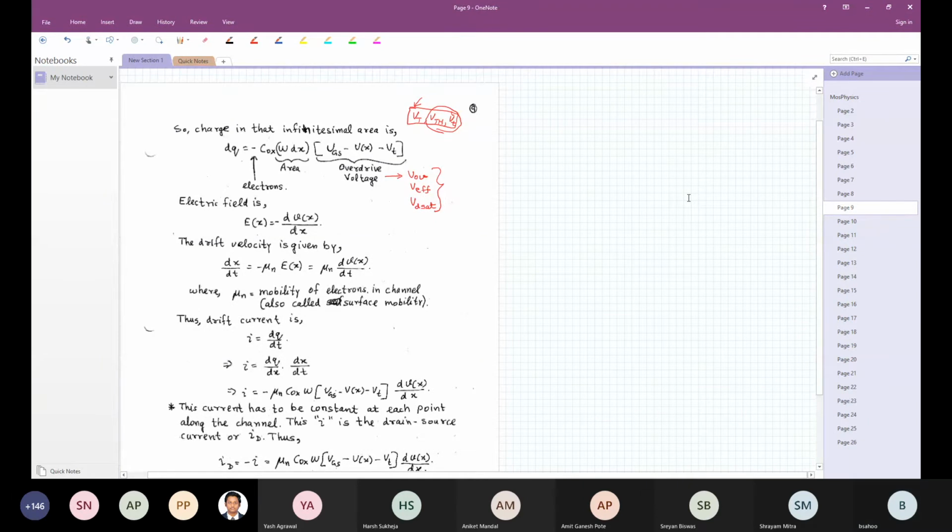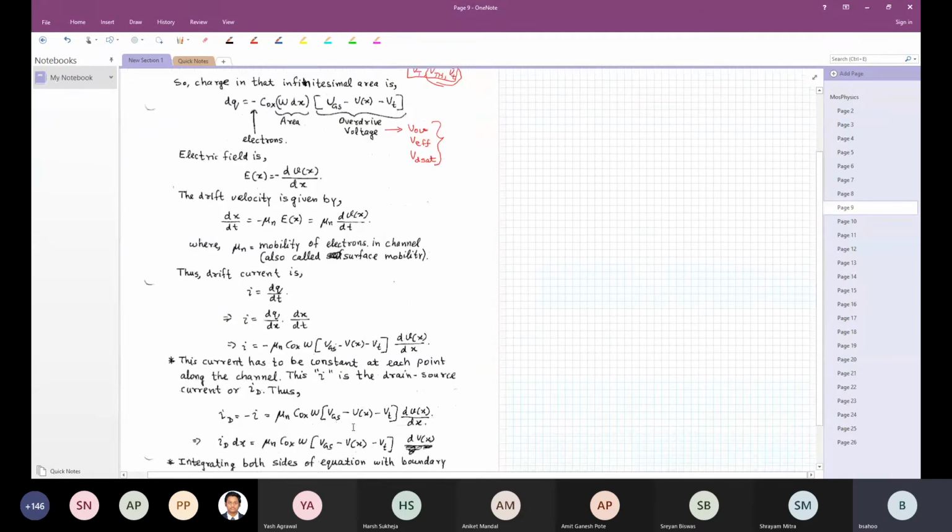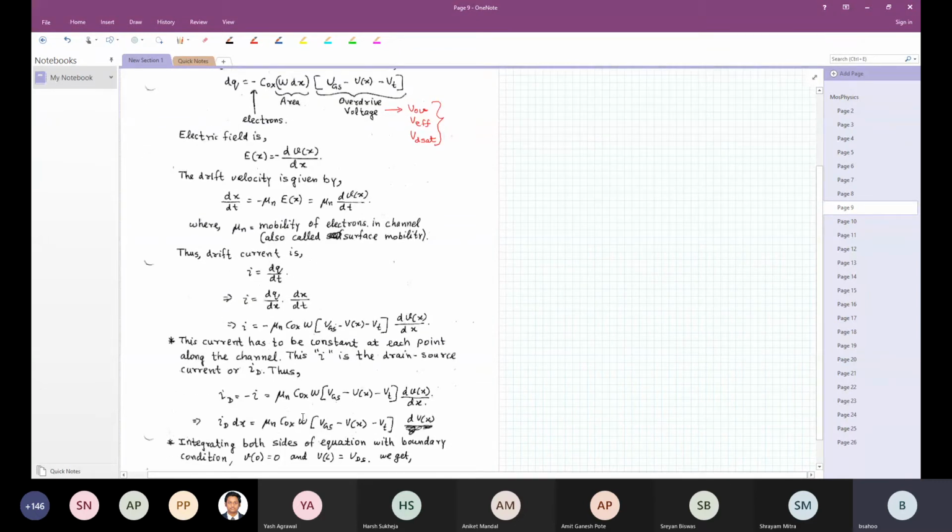Correct? After the channel, when the channel pinches off, it is no more a drift velocity. There is something else happening at that point. The electron gets sucked in, so this expression is no more valid. This expression is only valid wherever the channel is present. Am I clear?